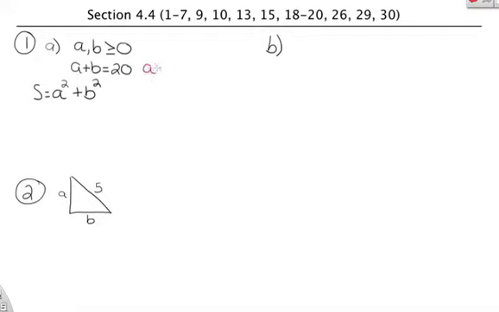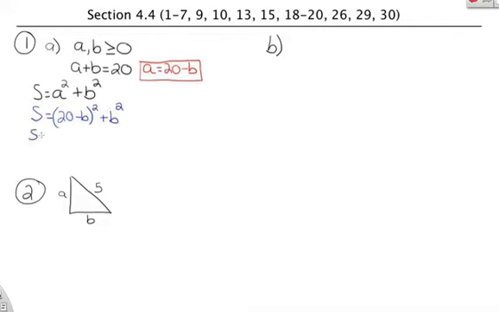We'll go A equals 20 minus B. And now I can rewrite my equation: S equals 20 minus B, the quantity squared, plus B squared.